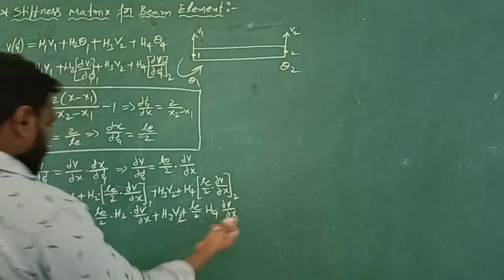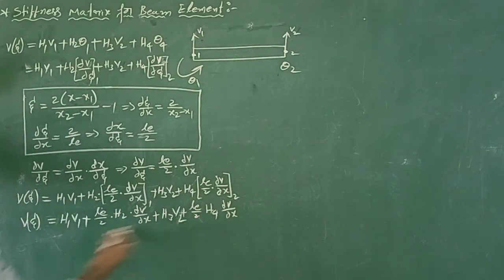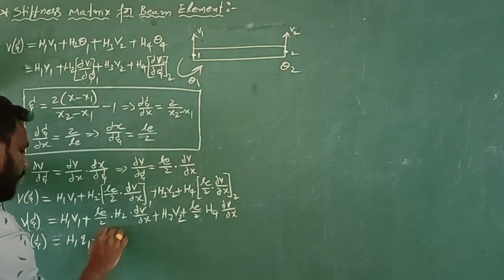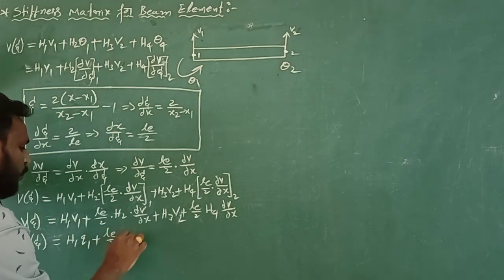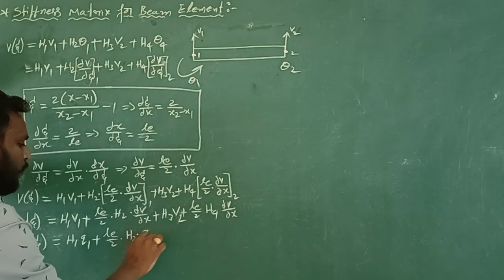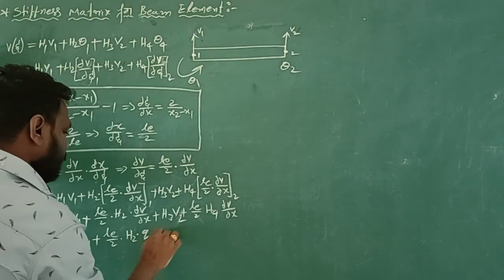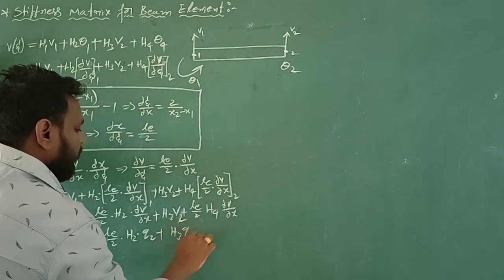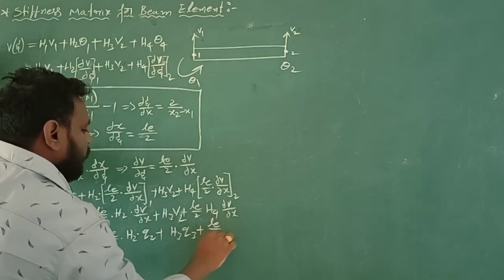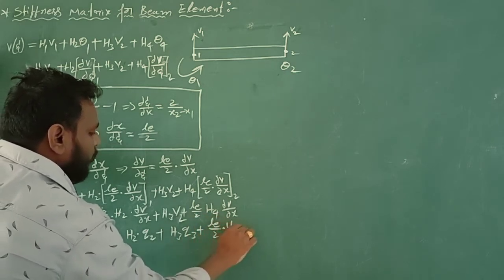Okay, this equation is v of j is equal to h1 q1 plus le by 2 into h2 into q2 plus h3 q3 plus le by 2 into h4 q4.